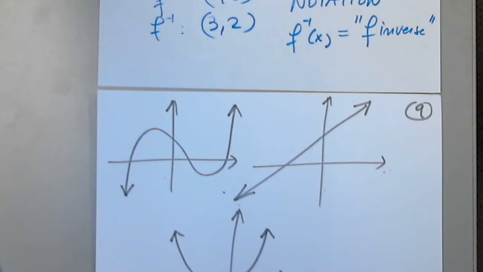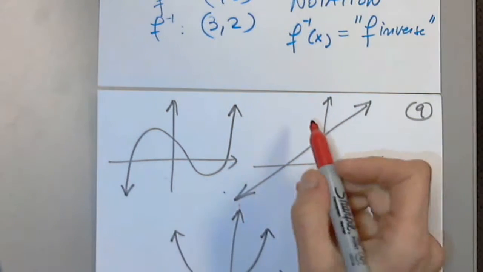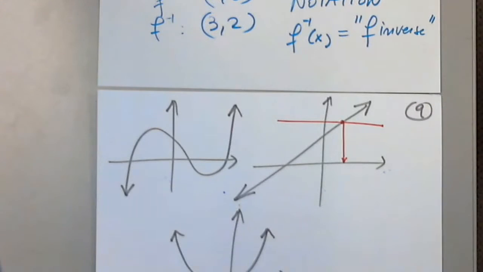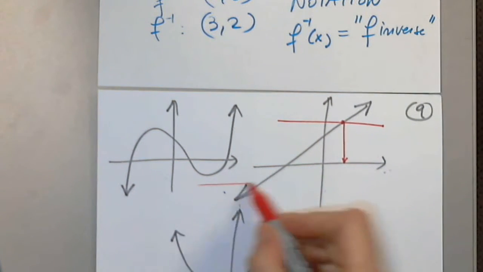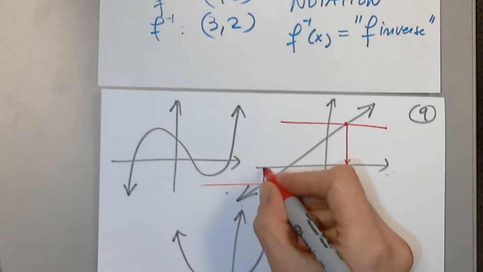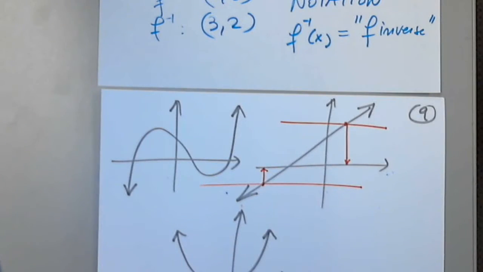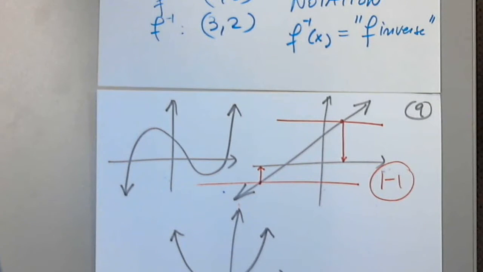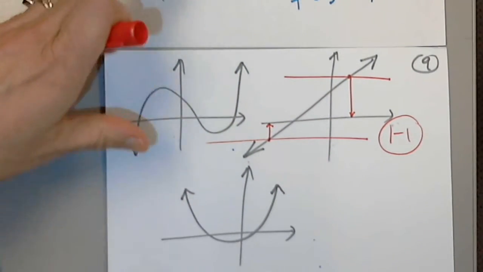By the horizontal line test, for this y value, I do read only one x value. For this y value, I do read only one x value. Is this function one-to-one? Yes, it is one-to-one. Will it have an inverse function? Awesome. Good.